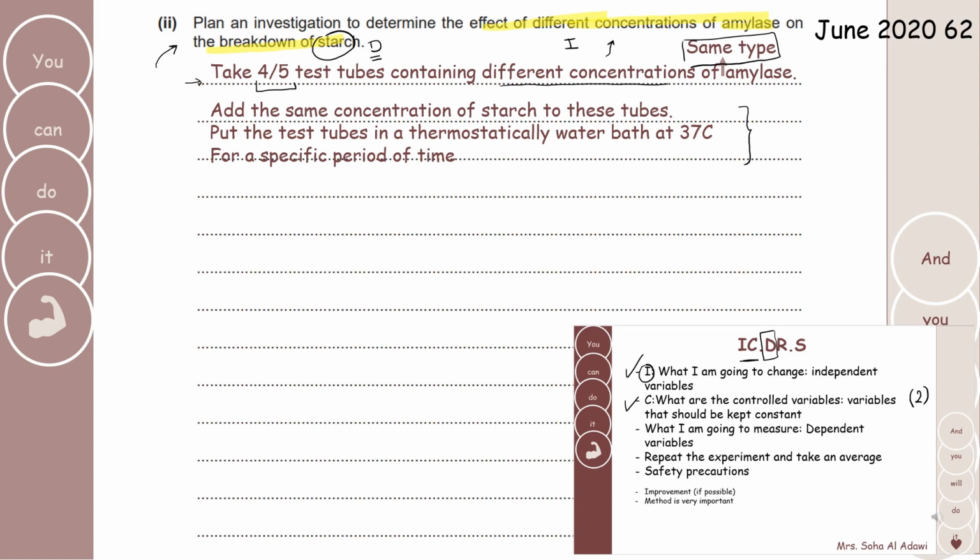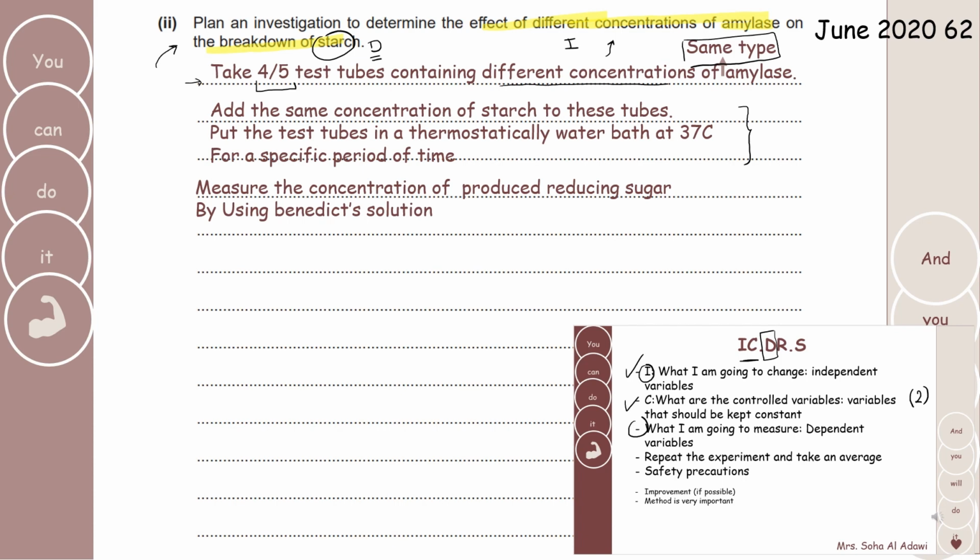Yes, exactly. If this starch is converted to reducing sugar. And here we are going to use what? The Benedict solution in order to measure the amount of reducing sugar. So the dependent variable is measured as the concentration of produced reducing sugar. How? By using Benedict's solution.